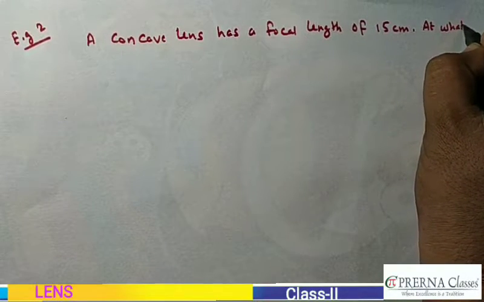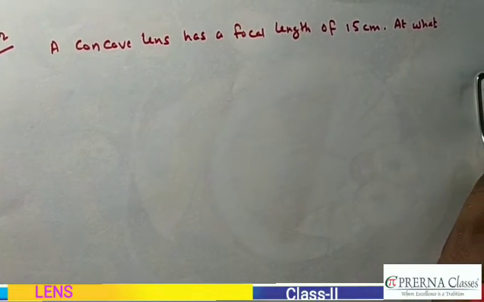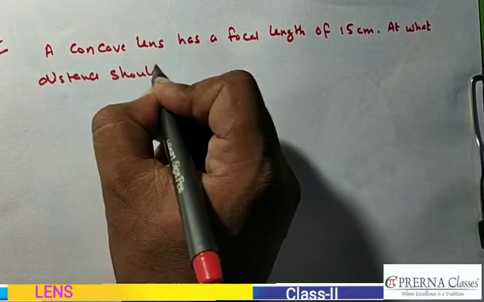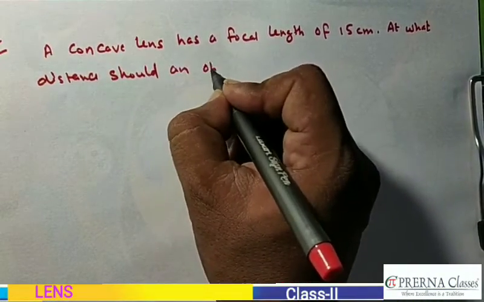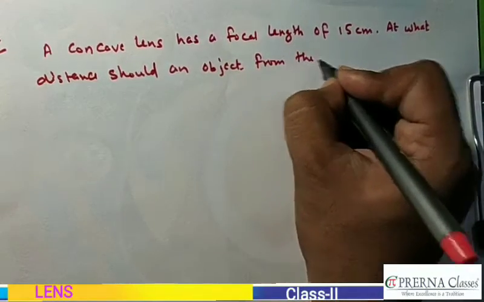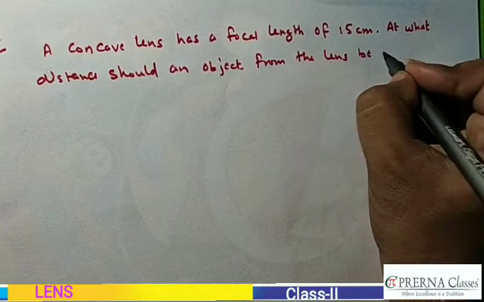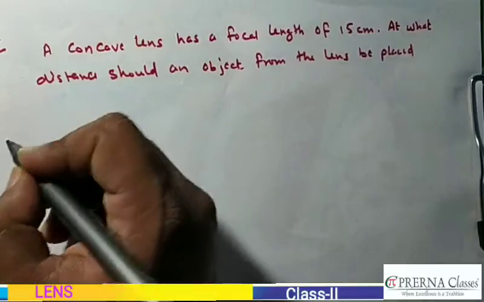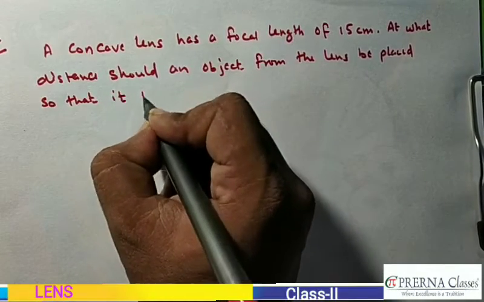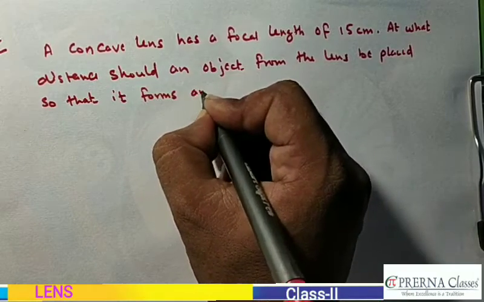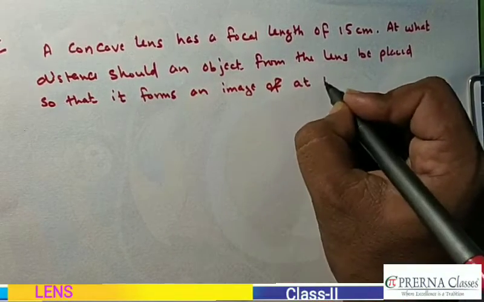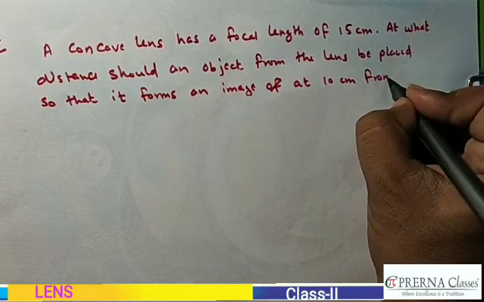At what distance should an object from the lens be placed so that it forms an image at 10 centimeter from the lens?